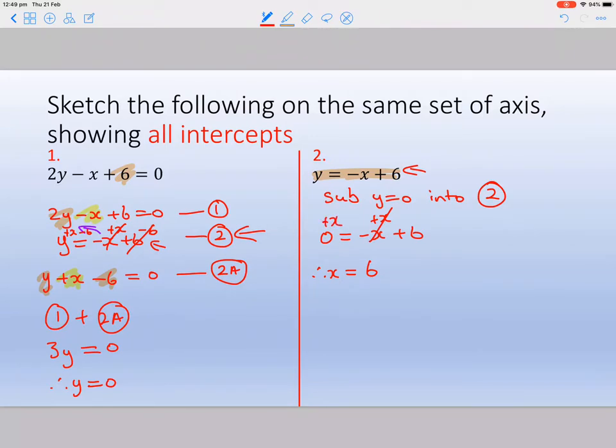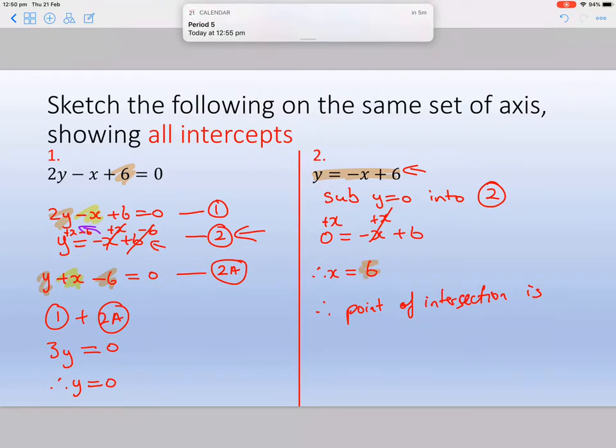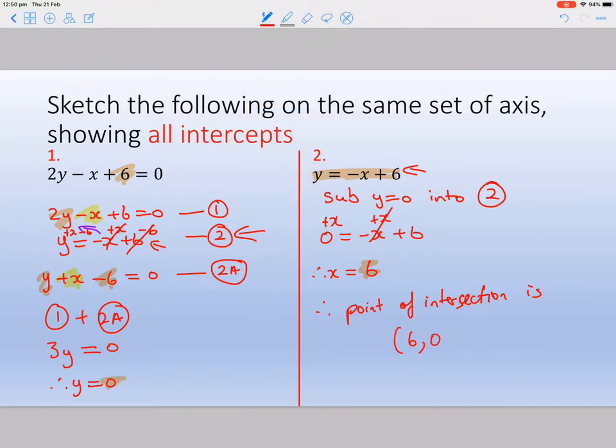All right. So therefore, the point of intersection is, and the x value is 6, and the y value is 0. So let's put that in: (6, 0).